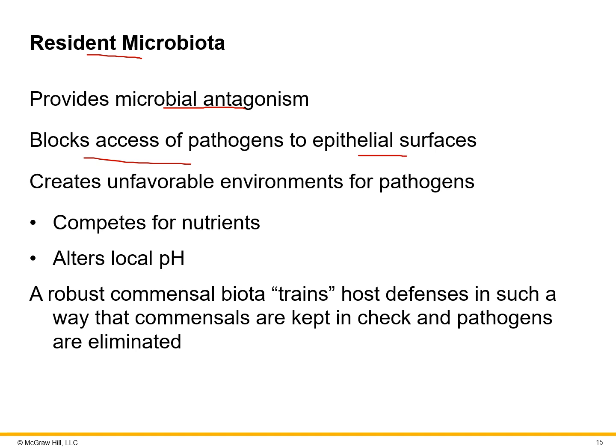Now, some of them also make it unfavorable. Even if the pathogen could attach, those normal microbes are better able to compete for nutrients. And some of them even release chemicals that alter the pH. This biota that lives in our body trains the host defense on what is good and what is bad, so what's pathogenic versus what's okay and can be part of that normal flora.